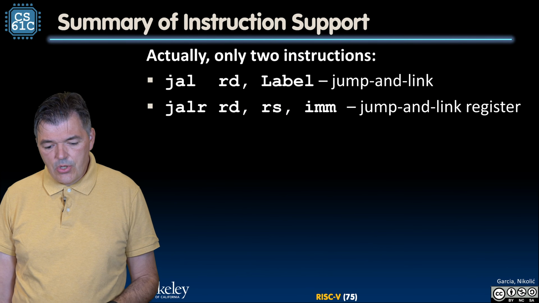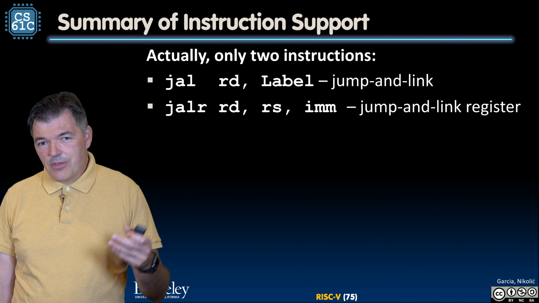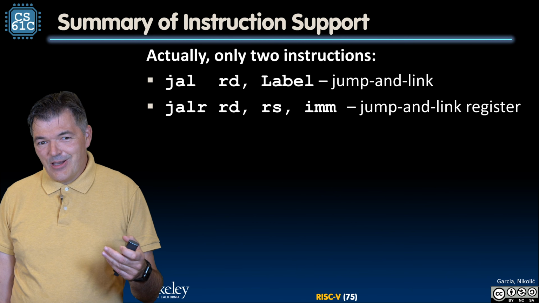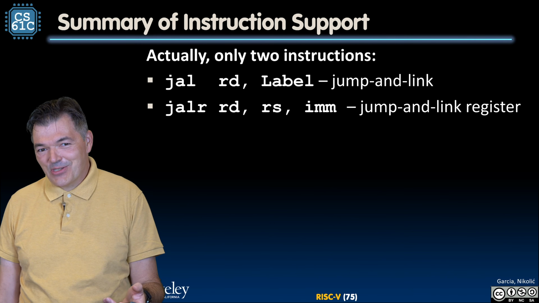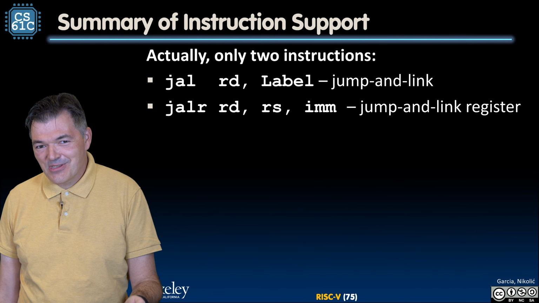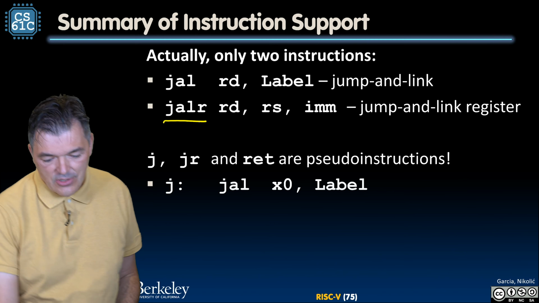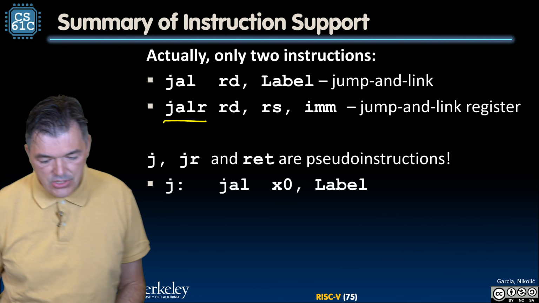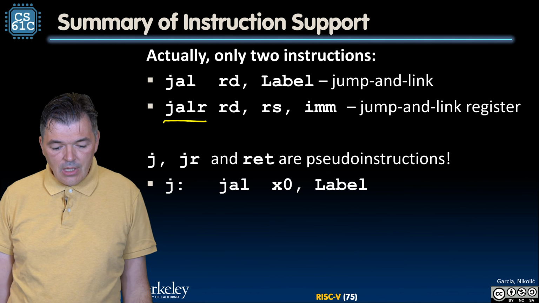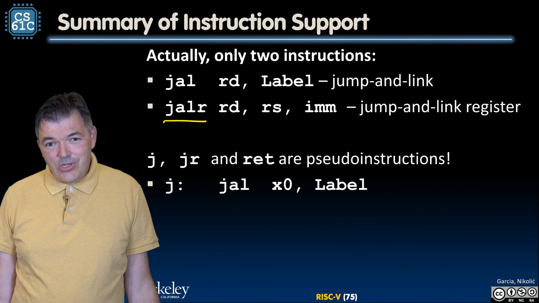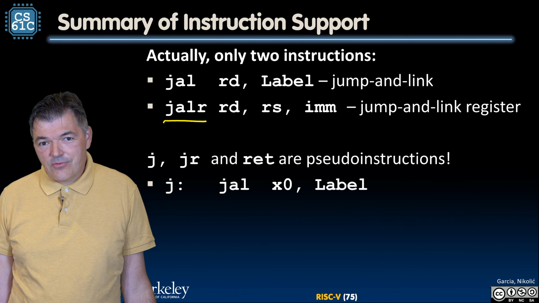Just a few notes. There are actually not that many instructions. Several instructions that I mentioned are pseudo instructions because they are special cases of JAL, or yet another instruction that we are going to see, JALR. You can look at this. We don't really need a special instruction for a jump.